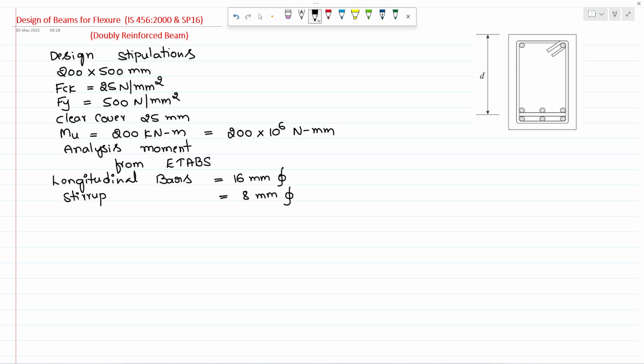Okay, so here width of the beam, which is B, is 200 millimeter.